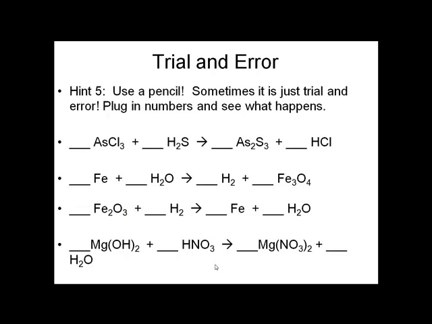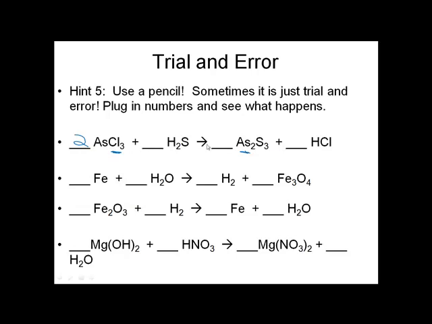All right, let's look at the first one. Is there any trick as to which element to start with? Not really. It's trial and error. Let's say we're going to start with the chlorines. There's 3 here. Well, actually, I see that there are 2 arsenics over here, so let me put that 2 there first.